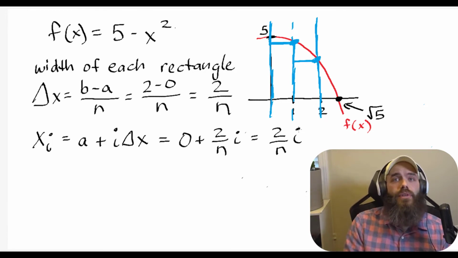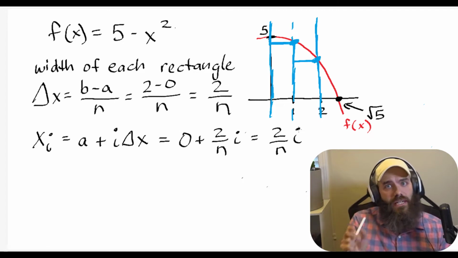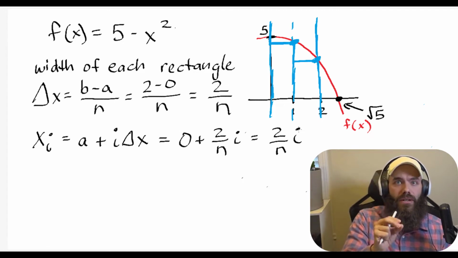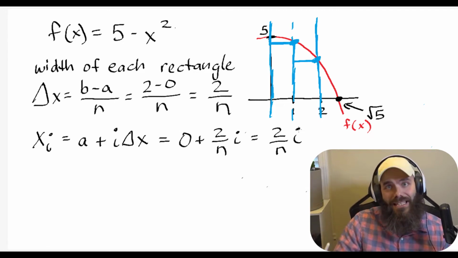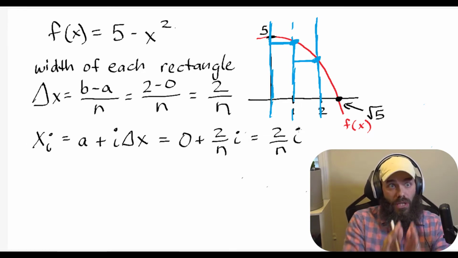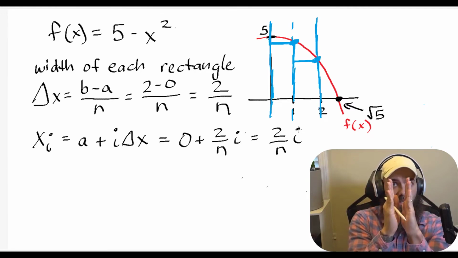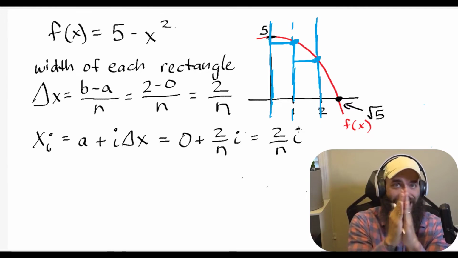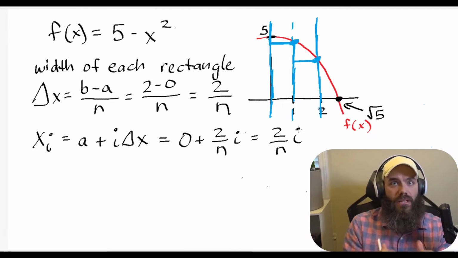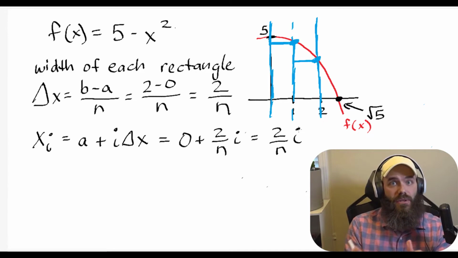If I use 3 rectangles, the area of the 3 rectangles added together will be a little better approximation of the exact area under that curve. We want to increase the number of rectangles as much as possible so that the widths of each of those rectangles decrease so much that they'll be stacked on top of each other, and then we can finally find the exact area under this curve between 0 and 2.